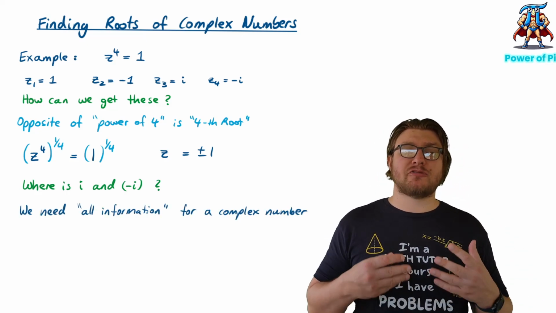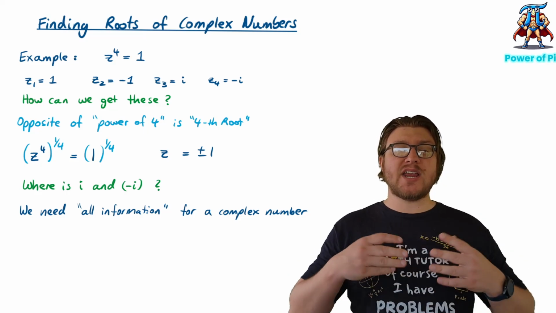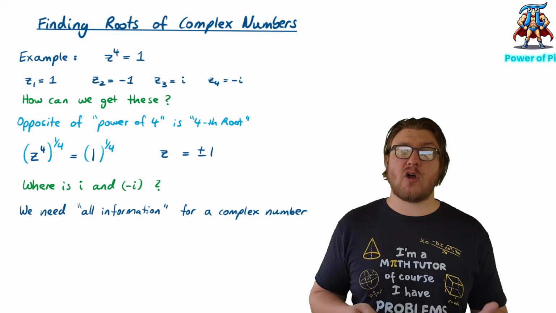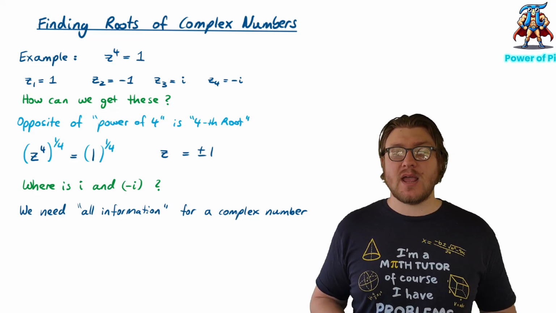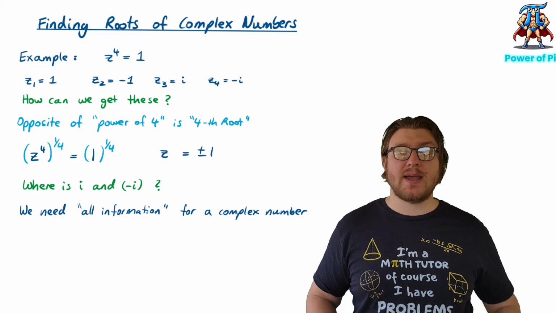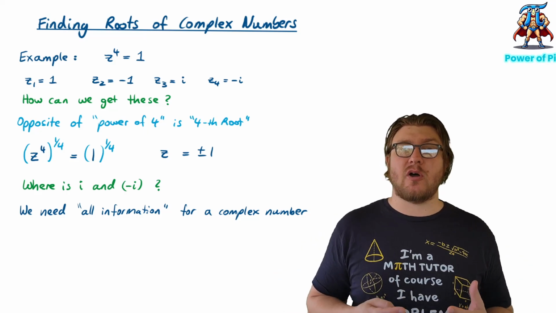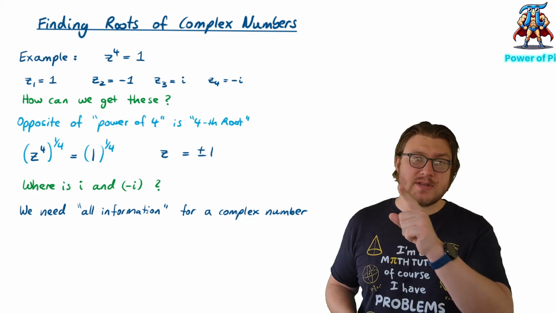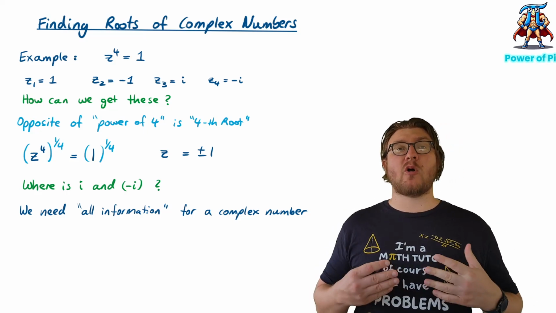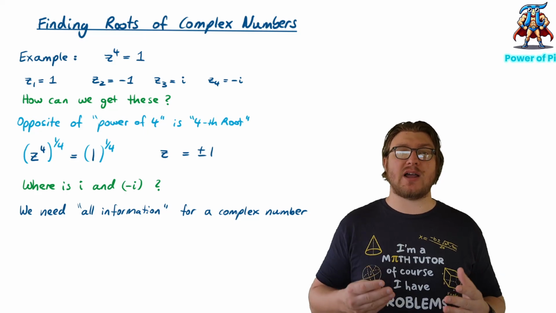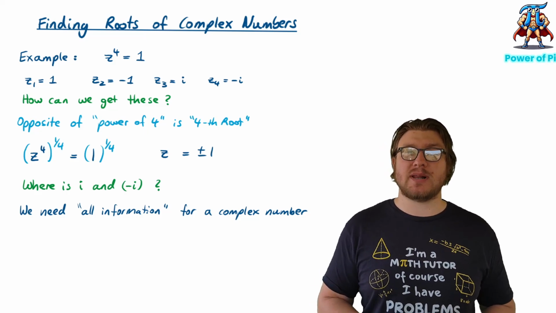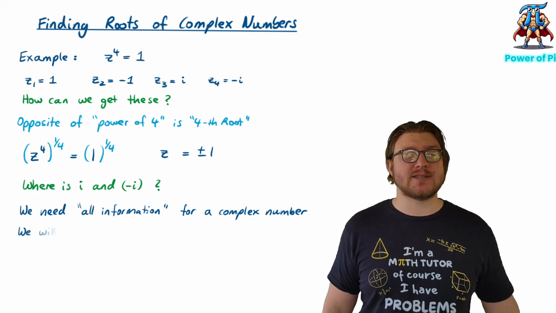In order for us to find roots of complex numbers, we actually need all the information that the complex number is giving us. The complex number here at the top is not everything we know. And remember, I promised you one concept where we're going to have to use the general argument instead of just the principal argument. Well, here it is.